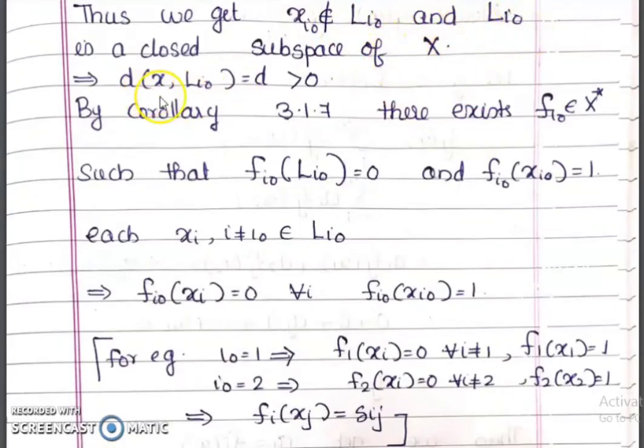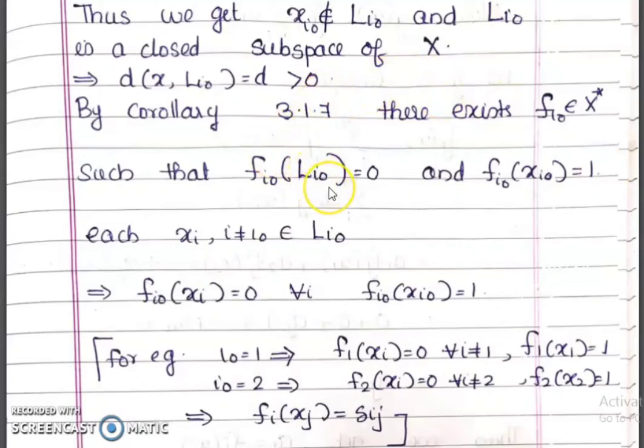Therefore, we can define the distance from x to Li naught equal to d, as in the previous case. Suppose this is d and d is greater than 0. Therefore, using corollary 3.1.7, we get that there exists an fi naught belonging to X star such that fi naught of Li naught is equal to 0 and fi naught of xi naught is equal to 1. Now, what is the meaning of that?